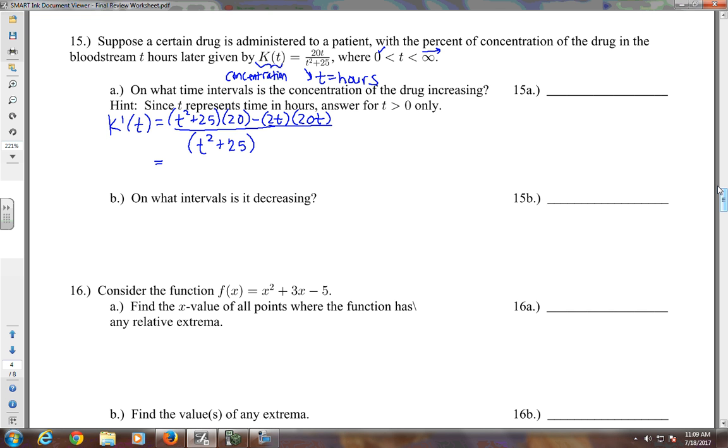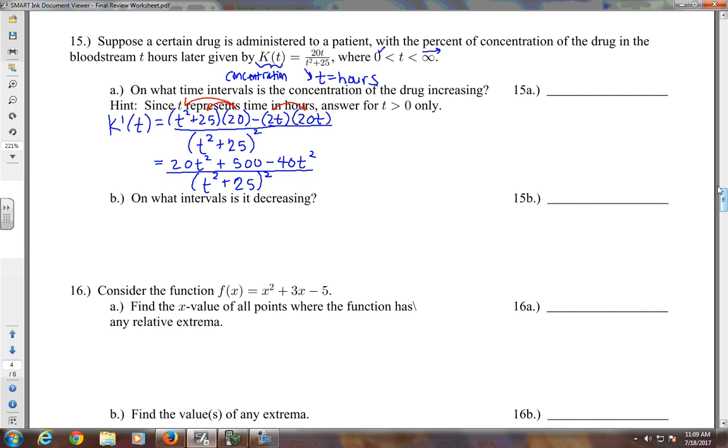So simplifying the numerator, let's go ahead and distribute: 20 times t squared, 20 times 25, and we'll multiply here as well. So we have 20t squared plus 500 minus 40t squared, divided by t squared plus 25 squared.